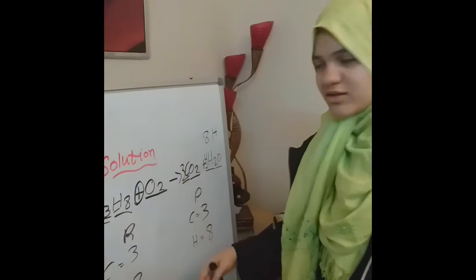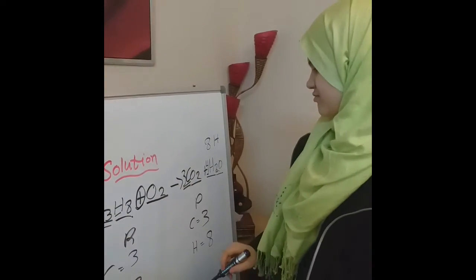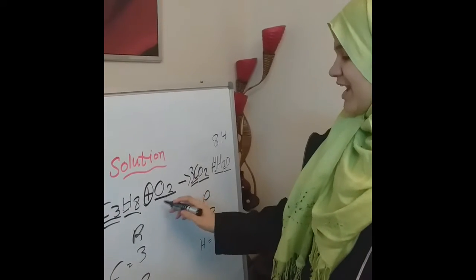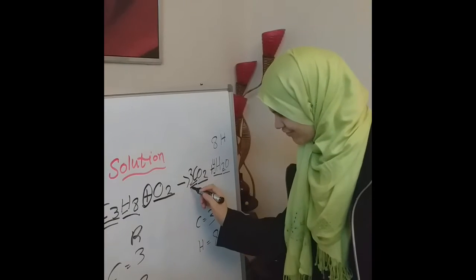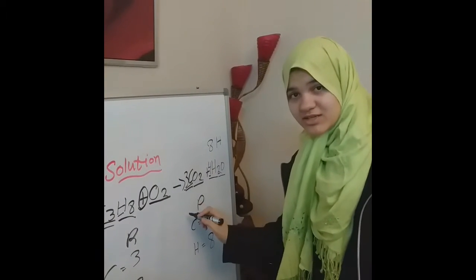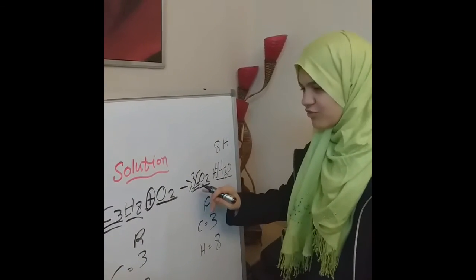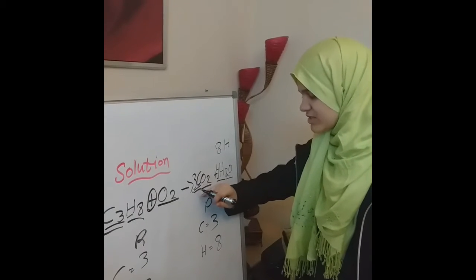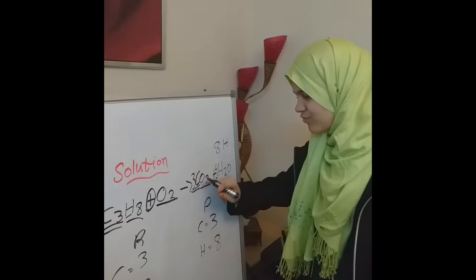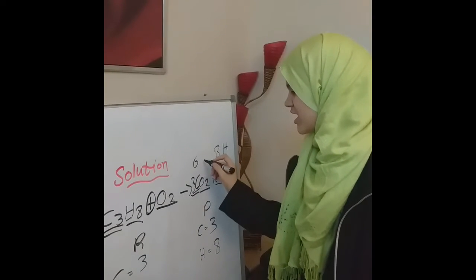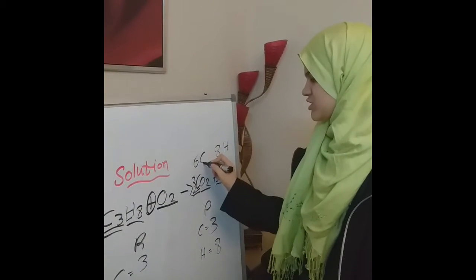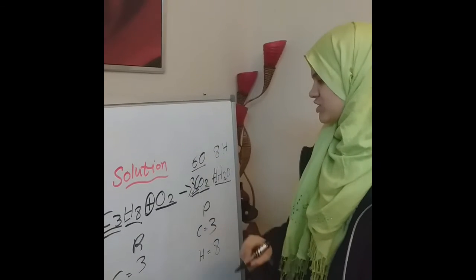The second thing is oxygen. To balance oxygen, we have O2, but first we also have the coefficient 3. That means in place of carbon dioxide, the atoms of oxygen are now 2 times 3, which is 6 atoms of oxygen.